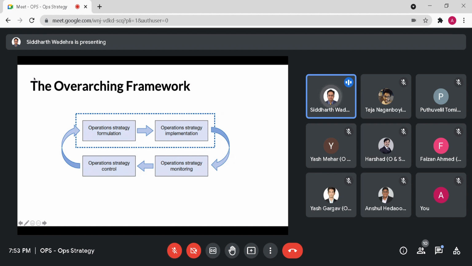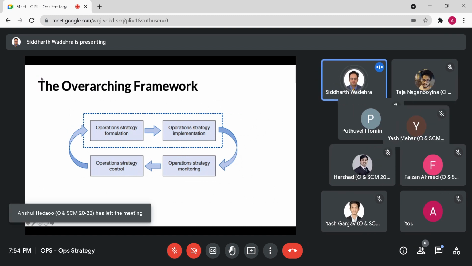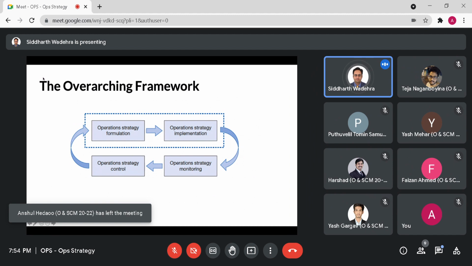Everything else pulls together in your operation strategy. And once again, I think this course is critical from the perspective of understanding at a much bigger level where your organization is presently, where it wants to go, and how you as operation strategists will help the organization make that transition.